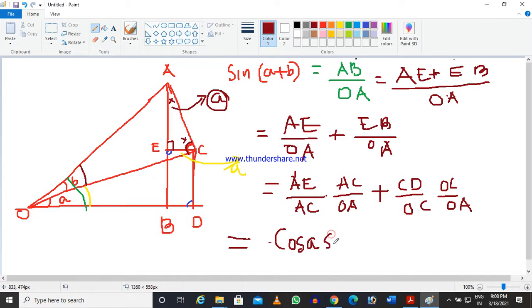So that means sin B. Then CD by OC: considering the angle OCD, CD by OC is sin A. And OC by OA: considering the angle OAC, OC is the adjacent side, so that is cos B.